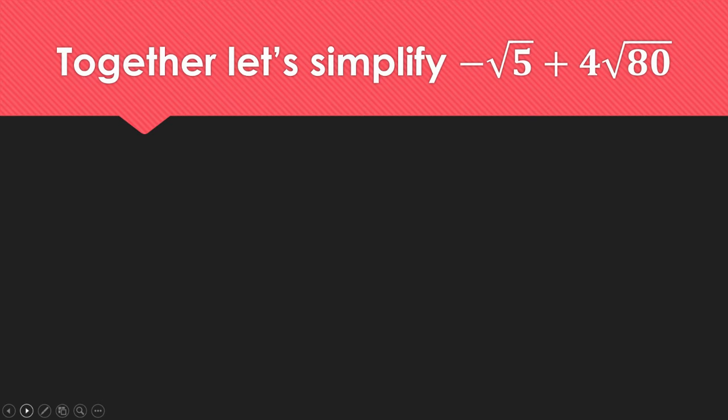All right, let's simplify this. We've got negative root 5 plus 4 root 80. So what I'm going to do is write a negative 1 root 5 plus 4 root 80.